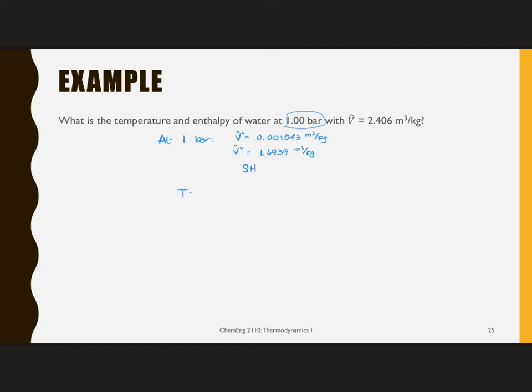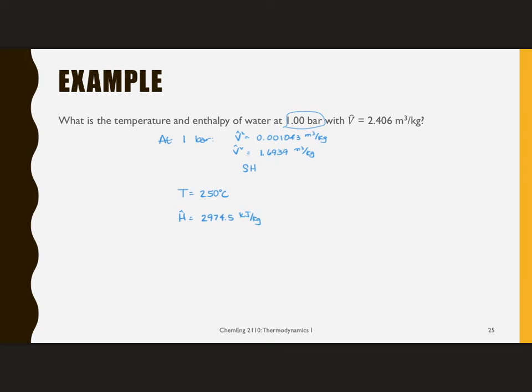Great. The temperature associated with that entry is 250 degrees centigrade, and the specific enthalpy associated with that one is 2974.5 kilojoules per kilogram.